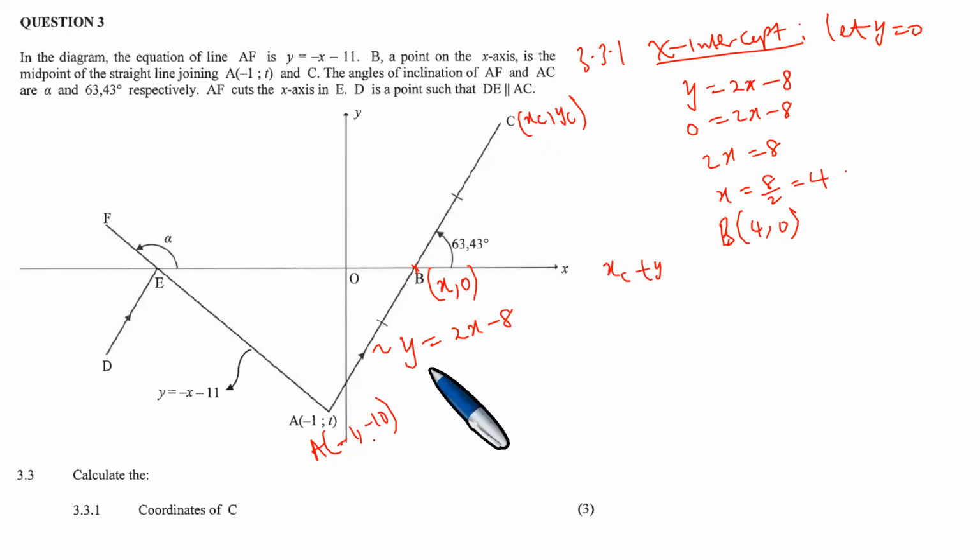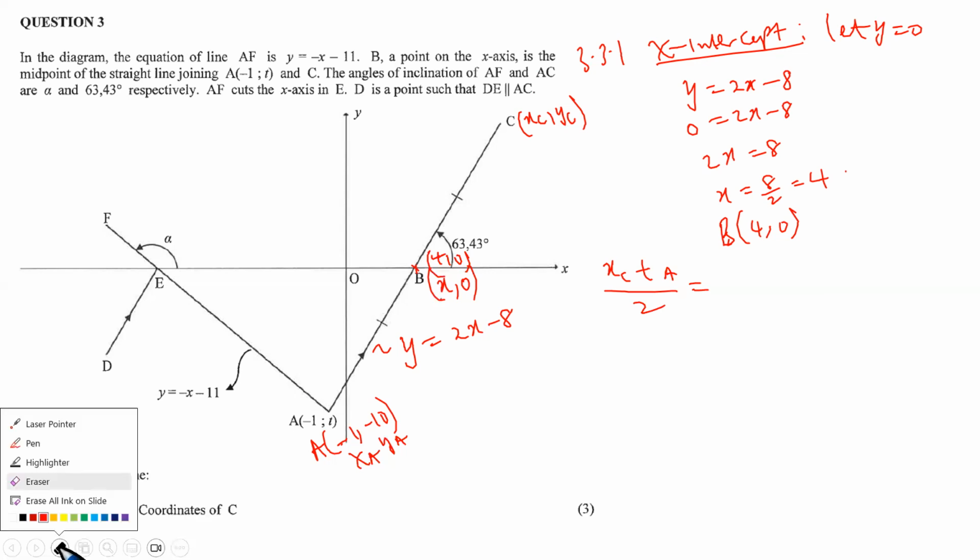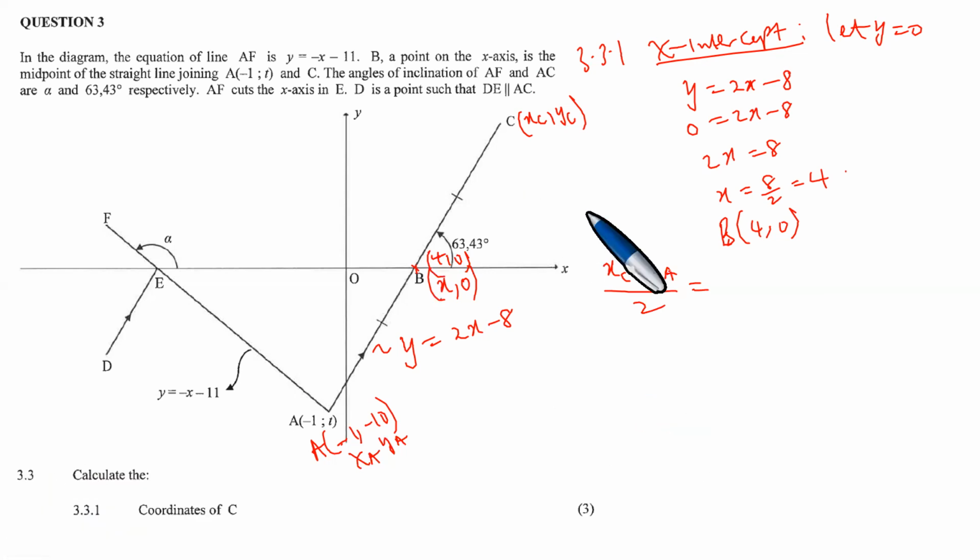So if we take xc now, this is xa, ya. You add them up, you divide by 2, we get the x. So here the coordinates of b become 4 and 0. So if this one is XA here, now you have XA, XC, you add them like that.